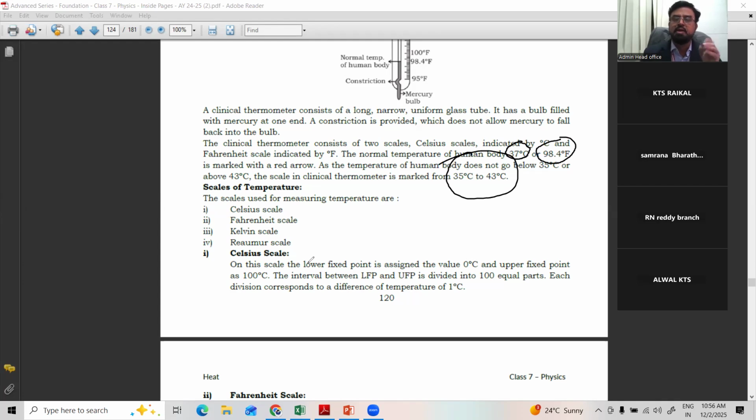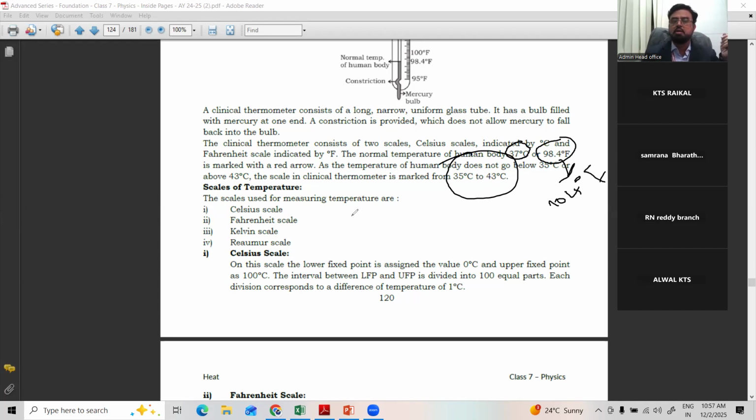Why? Because the minimum human body temperature should be 35 degrees and the maximum should be 43. In case of Fahrenheit, it is 98.4 to about 104.